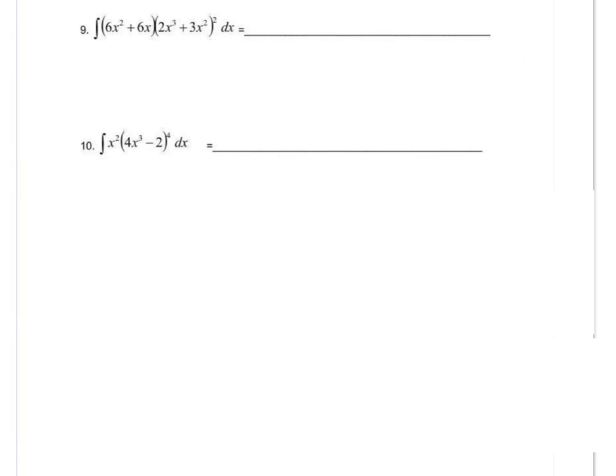Okay, last but not least for 10, the inside function, which is 4x to the third minus 2. So that's u to the fourth x squared dx. So now I'm going to take my derivative.